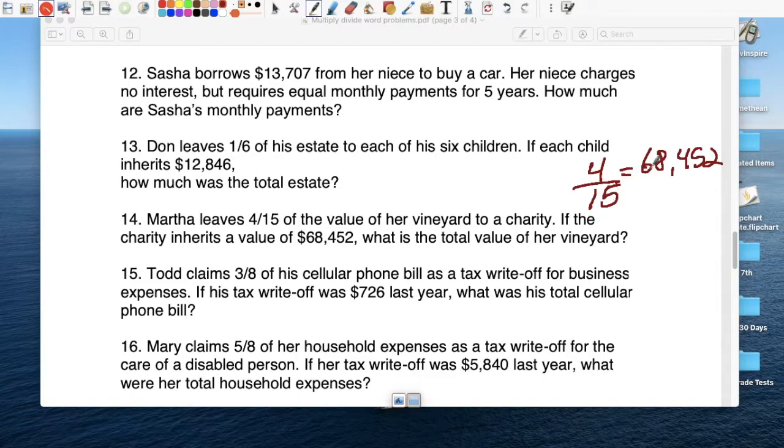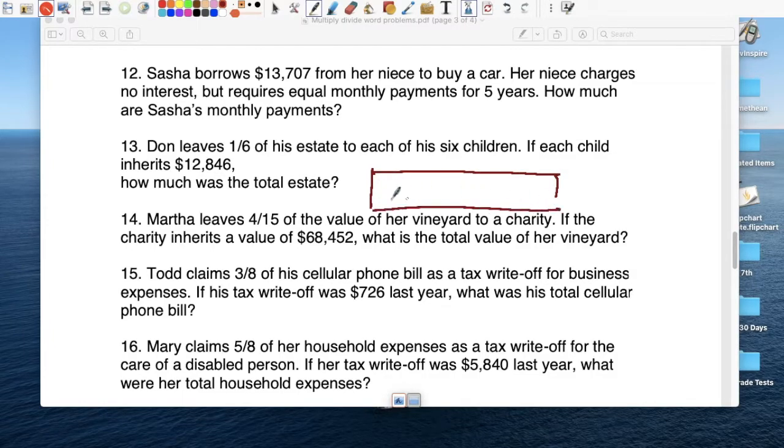So if I divide 68,452, let me just maybe draw it out. That might be easier. So imagine this estate here with 15 parts, and I'm going to shade 1, 2, 3, 4. It says that these 4 added up together equal $68,452.